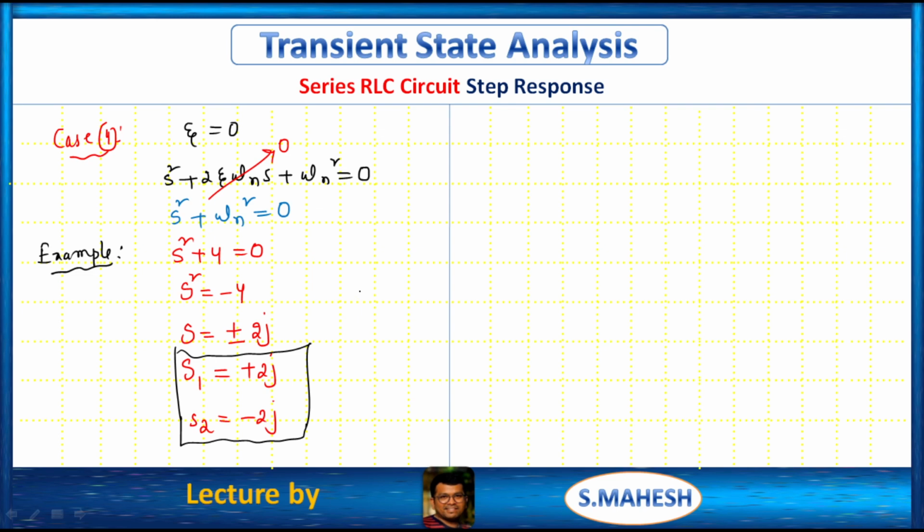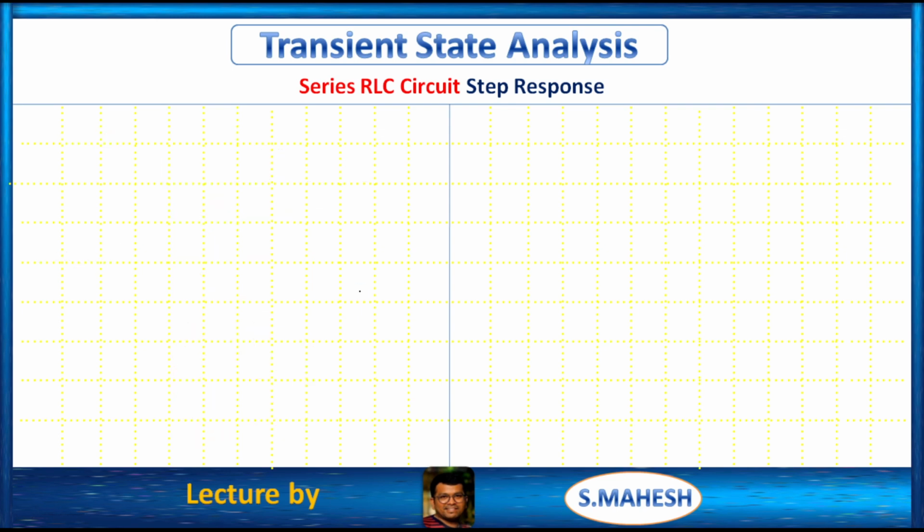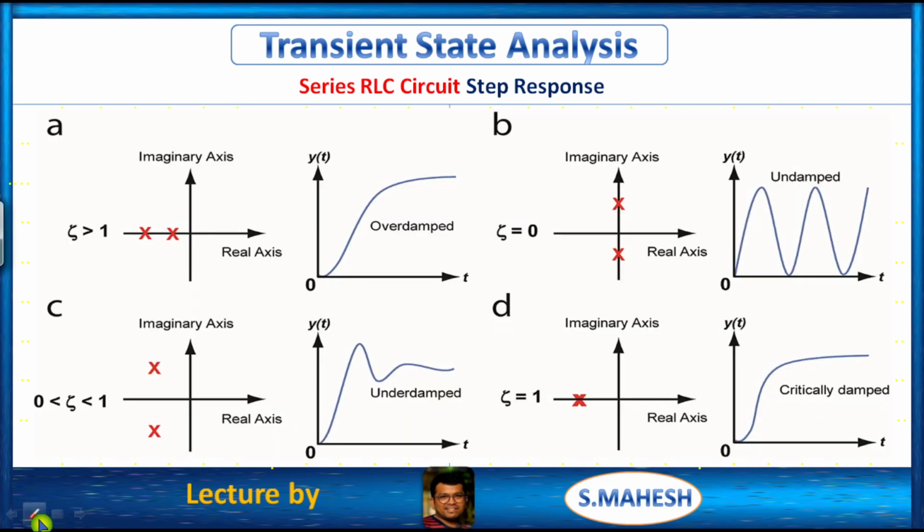Now I will summarize this by using one example. What is case 1? Zeta more than 1. In that, what is the nature of poles? Real and unequal. We have one pole, we have another pole, right? That is an overdamped system.